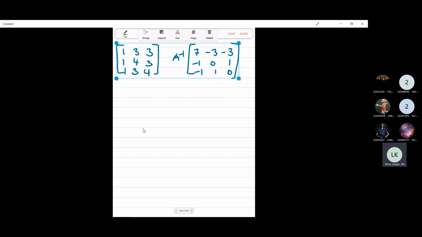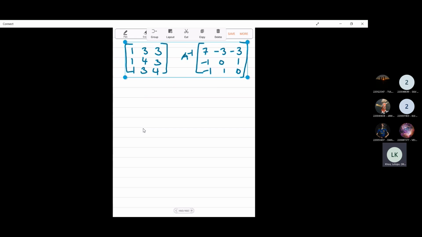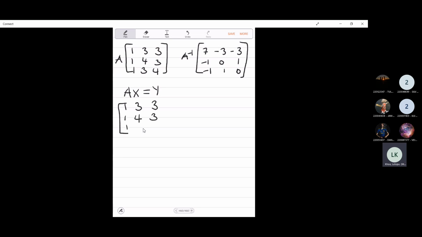Okay, so this is what I had. Say this one is the A, and remember I had AX is equal to Y. So I had 1, 3, 3, 1, 4, 3, 1, 3, 4 times X, Y, Z. This is equal to minus 2, minus 3, and then minus 2, because I switched these two rows.